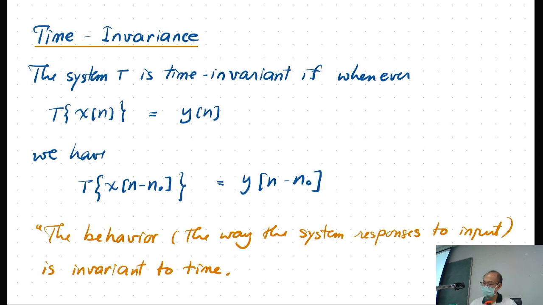Regardless of the time that you apply the input to the system, the response would be expected to be the same. All right? It doesn't matter what time we apply the input, the response would have to be the same. So this is what it means here.